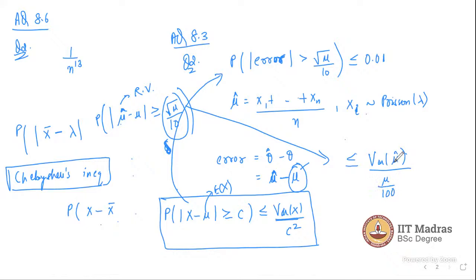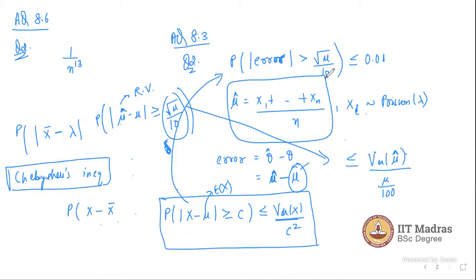Now what is the variance of mu hat? One by n square. Why is it 1 by n square? Property of variance. What is mu hat? It is x1 plus up to xn divided by n. This is mu hat.